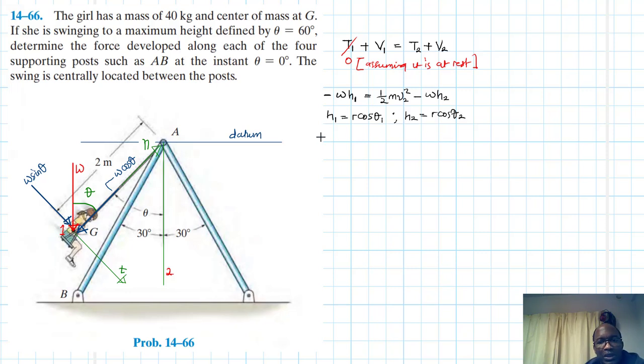Right, let's replace numbers in there. So we'll have minus 40 by 9.81 by 2 cos 60 degrees. Then this is just equal to half times 40 times v2 squared, minus again 40 by 9.81 by 2 cos 0 degrees.